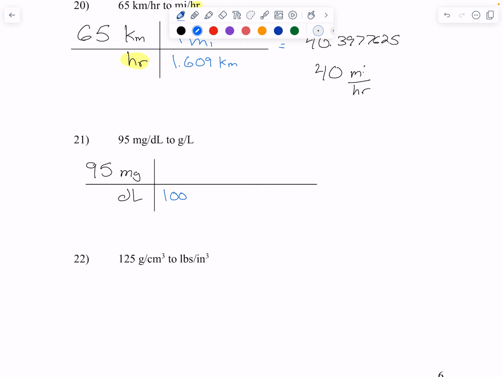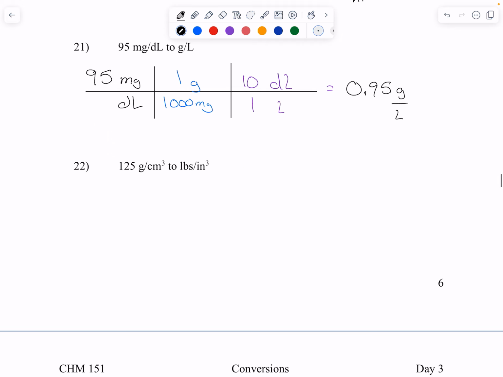I'll do 1,000 milligrams is 1 gram. And then we'll do deciliters up here, liters, and it looks like there are 10 deciliters in a liter. All right, and so if we do this, I get 0.95 grams per liter.